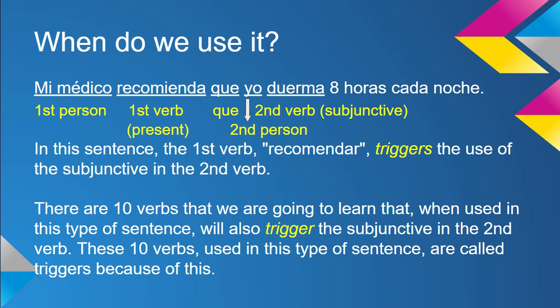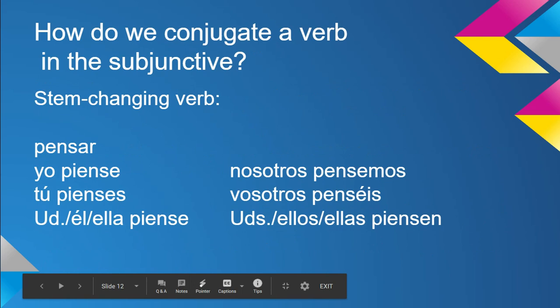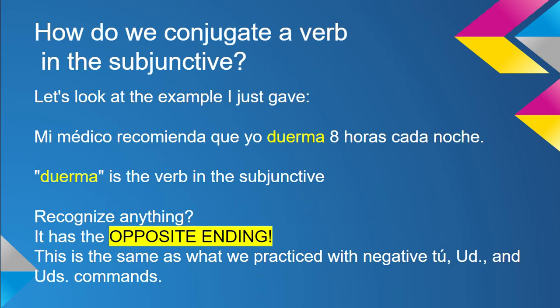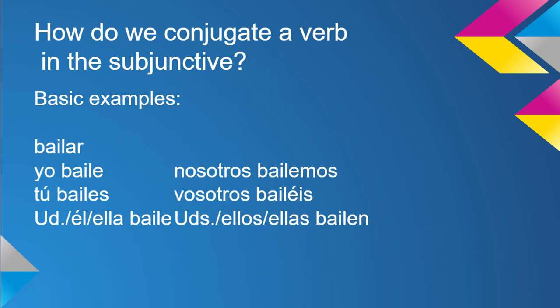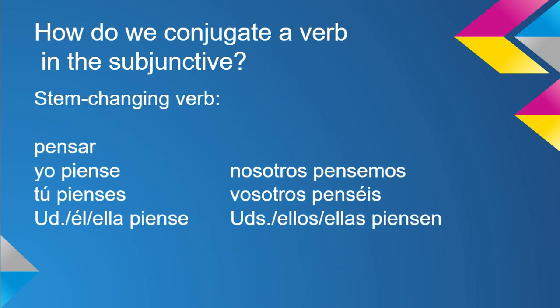All right, so that is all we are going to cover for conjugation so far. So far, all you guys are responsible for are regular verbs, like bailar, comer, and stem changers. But the key is yo form, drop the O, opposite ending.